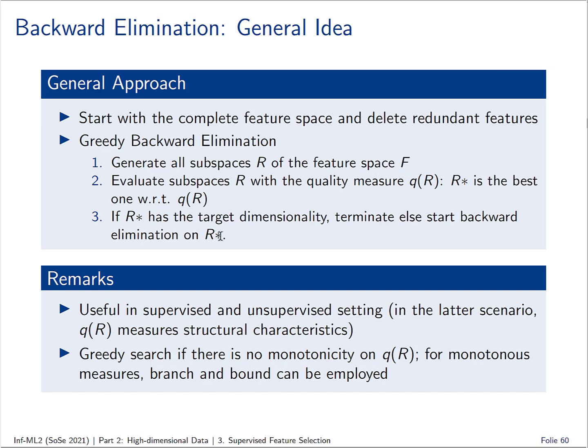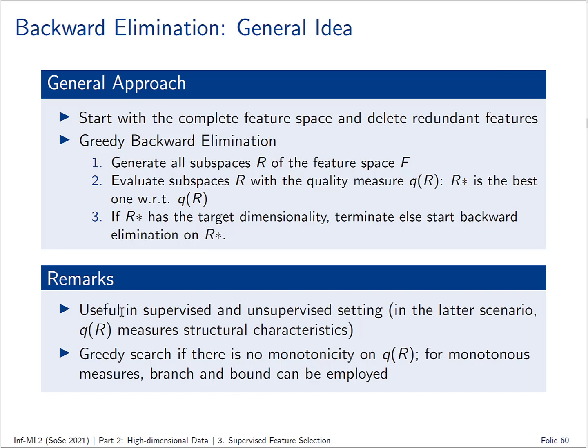So we start with the full dimensional feature space and then work through the set of possible subspace candidates by reducing in each step of this greedy approach the whole thing by one dimension, and then take from the resulting candidates the best one and work further with this candidate, still reducing by one dimension in the next step, and so on until we get the target dimensionality, which once again needs to be an input parameter.